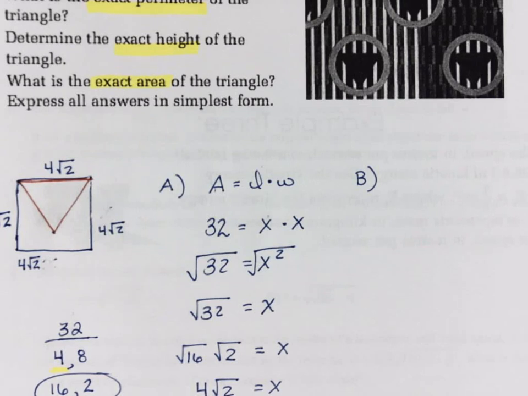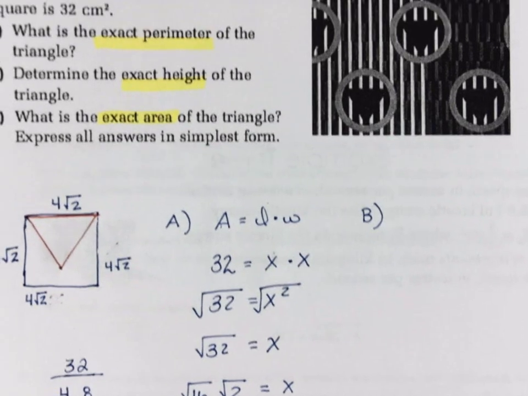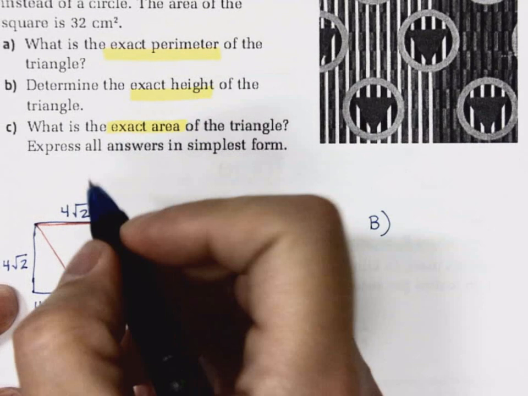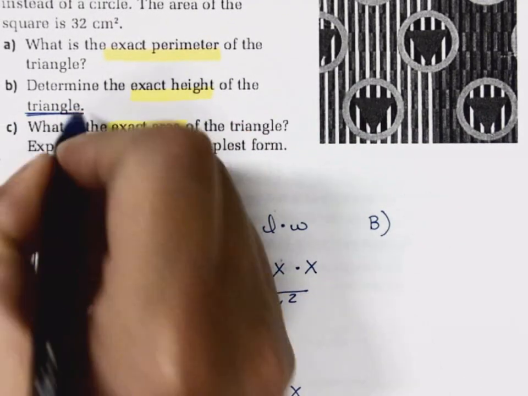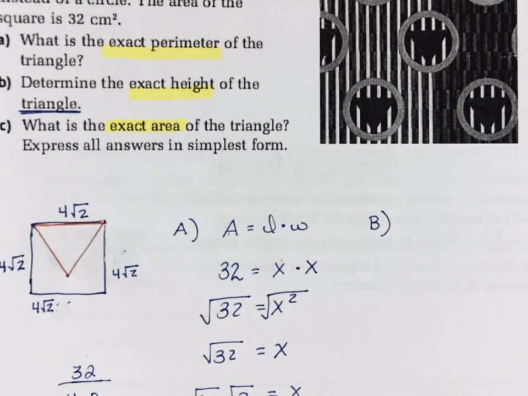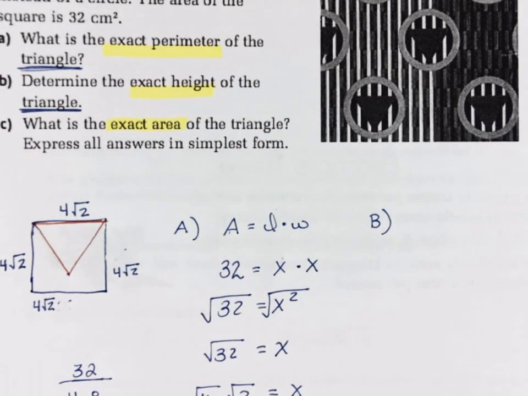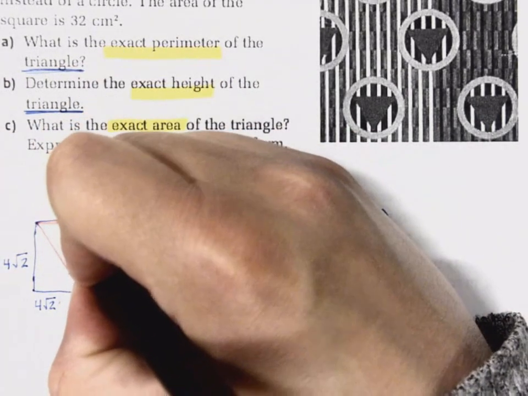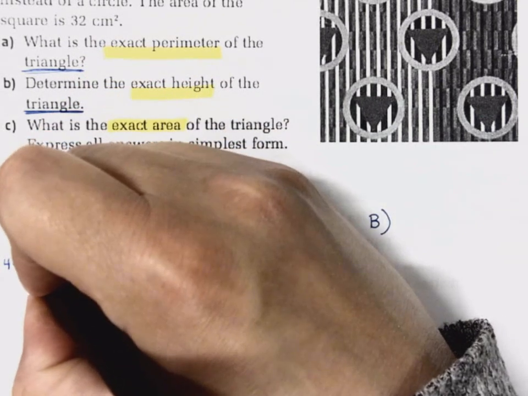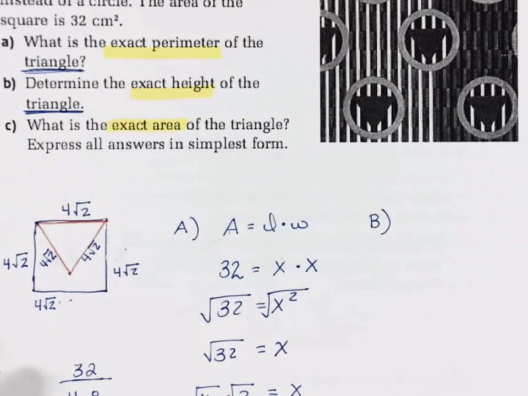Guys, I made a mistake. Again, it's a good thing you guys use pencil. We're doing the perimeter of the triangle. Oh, and I even underlined the same thing. Triangle. So really, this means this is 4 root 2, and this is 4 root 2.